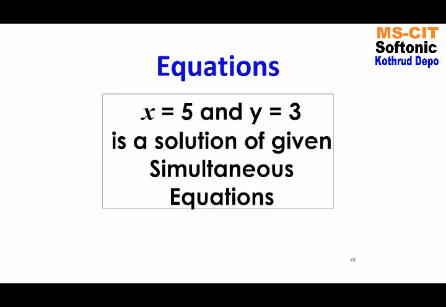Many students write the answer as solution set is equal to, in curly brackets 5 comma 3, but the correct answer given in the text is x equal to 5 and y is equal to 3 is a solution of given simultaneous equations, means that answer is in a statement, not in the solution set form. So observe how each type of sum's answer is given in the text and start writing in that way only.